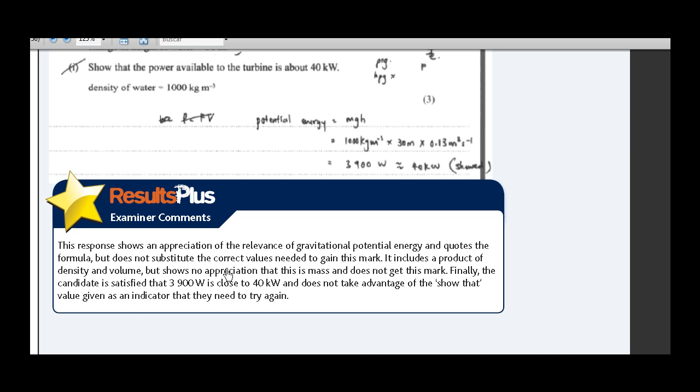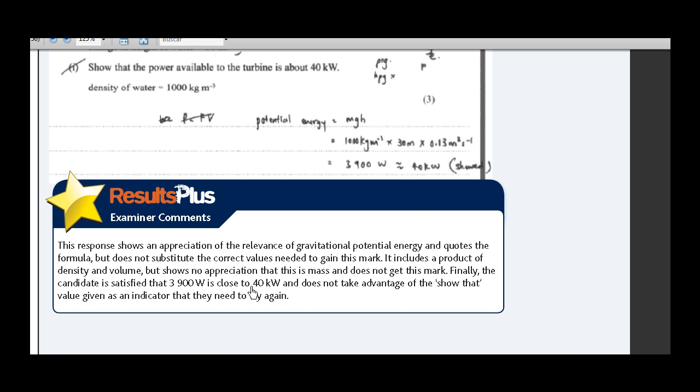It includes a product of density and volume, but shows no appreciation that this is mass, and does not get this mark. Finally, the candidate is satisfied that 3,900 watts is close to 40 kilowatts and does not take advantage of the "show that" value given as an indicator that they need to try again.